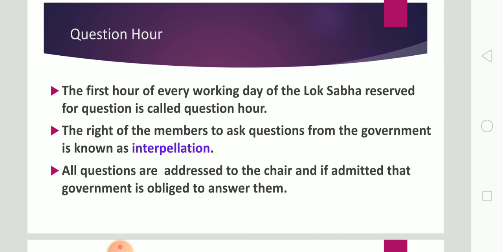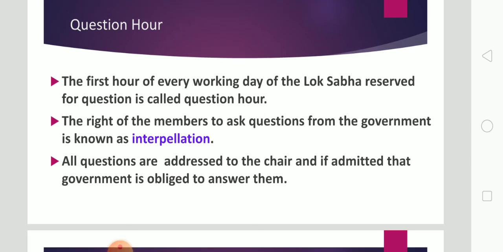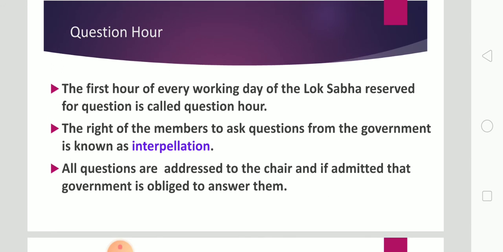During the question hour, the MPs are allowed to ask questions to the government, to the MPs of the ruling side, to the ministers, etc. This right to ask question is called interpellation. Remember the meaning of the word interpellation. The right of the members to ask question from the government is known as interpellation.